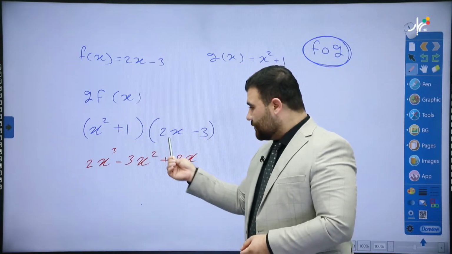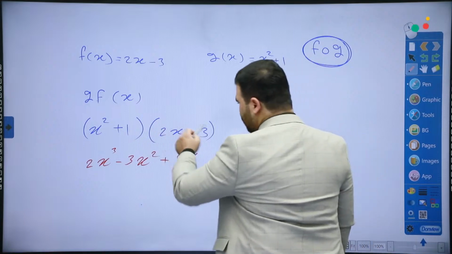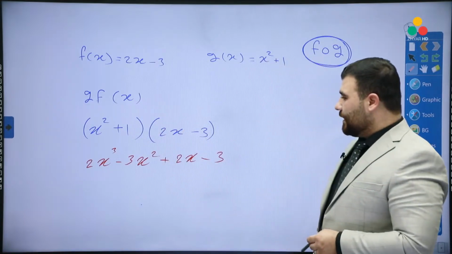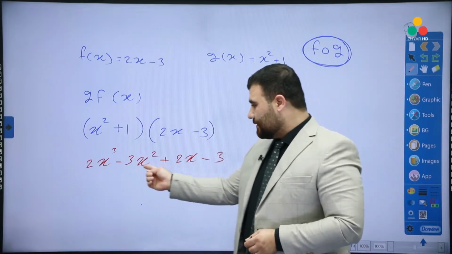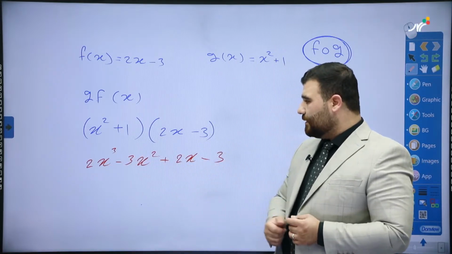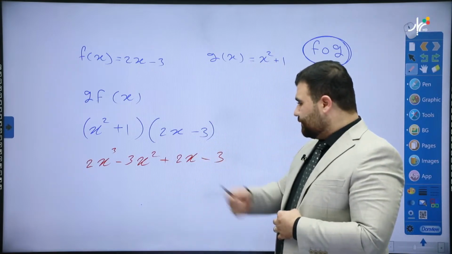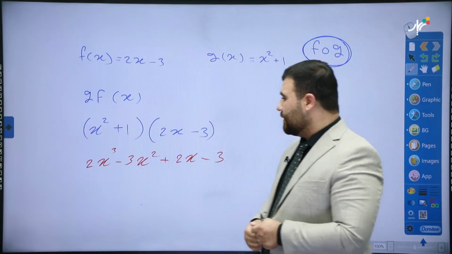Then positive 1 times 2x is positive 2x. This is why I write plus. Now 1 times negative 3 is negative 3, so I should write minus. Now, as you see, there is no like term. There is x to the power 3, x to the power 2, x, and a number. There are no like terms to be added. So this is the final answer of (gf)(x).